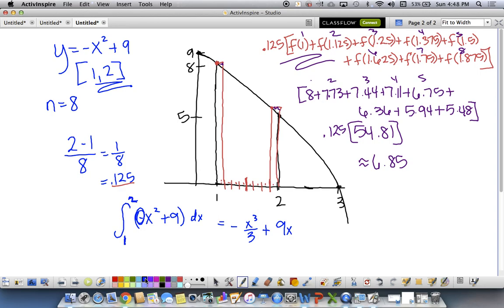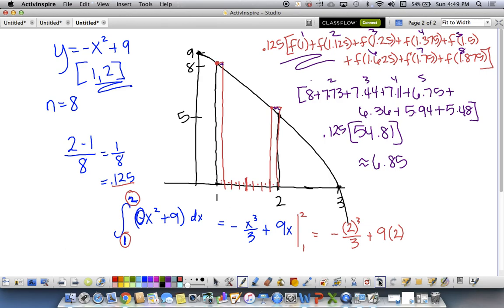Okay, if we take the integral, and these numbers are out here, they actually put a line from 1 to 2. And you're going to plug in this 1 and this 2. So I'm going to plug in 2 and 1. So I would say negative 2 cubed over 3 plus 9 times 2.